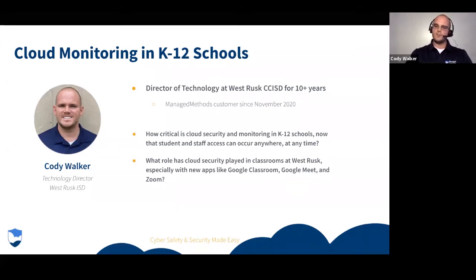But at the end of the day, we're trying to provide a good, healthy, safe environment for our staff and our students. And seeing cloud security and Managed Methods blend together, it works very, very seamlessly for something that is so mission critical.